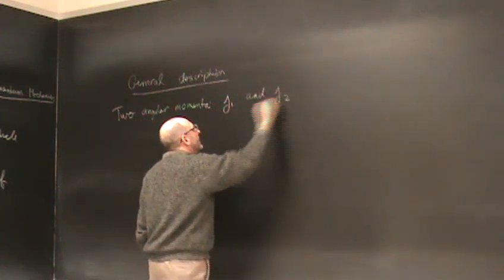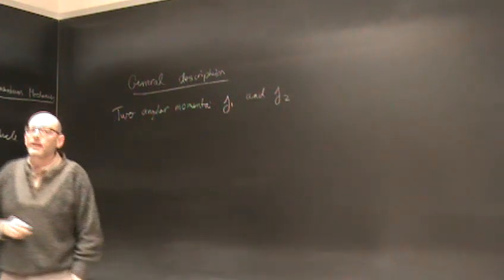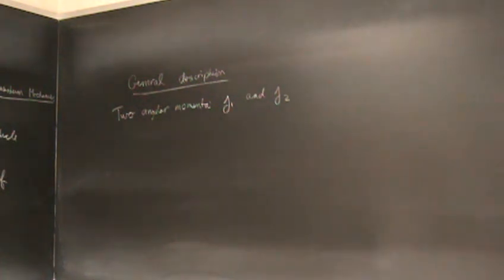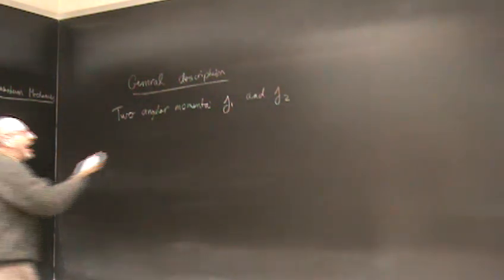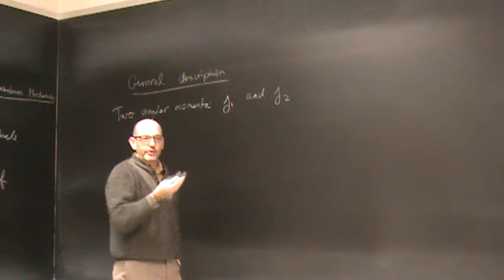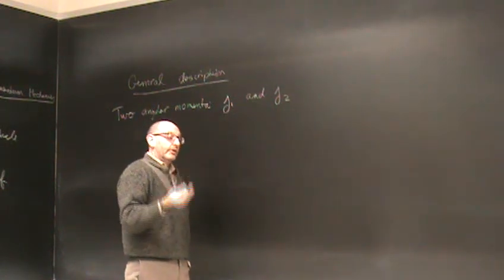So this J is the total angular momentum quantum number, this magnitude squared quantum number, for two different degrees of freedom.